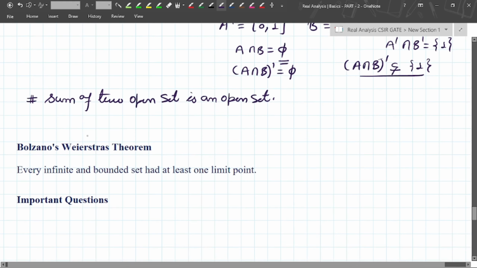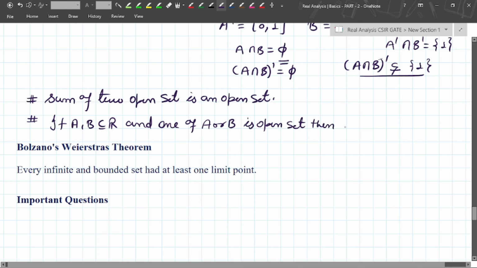Another result: if A and B are subsets of real numbers and one of them, A or B, is an open set, then A plus B is open.